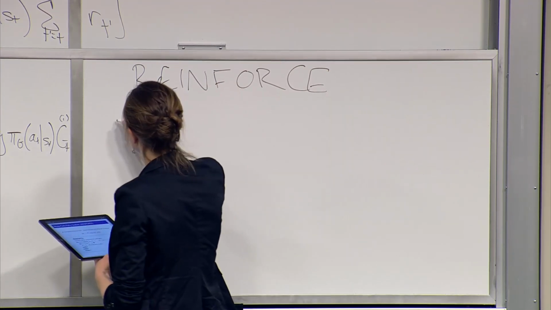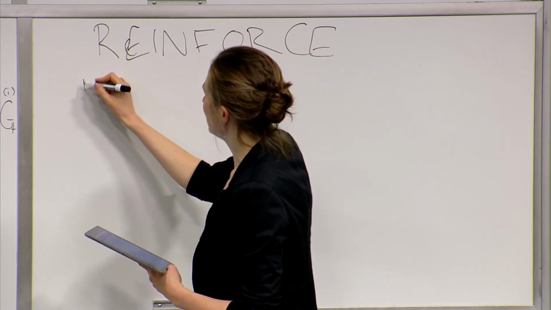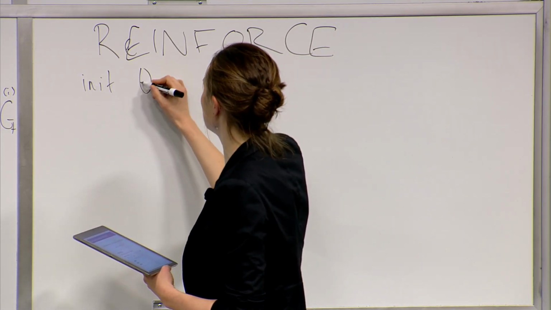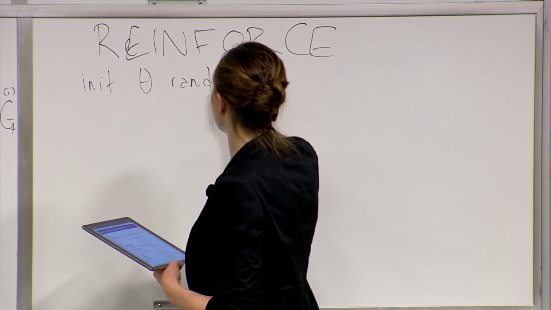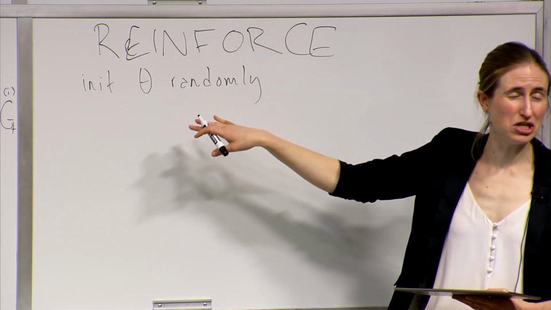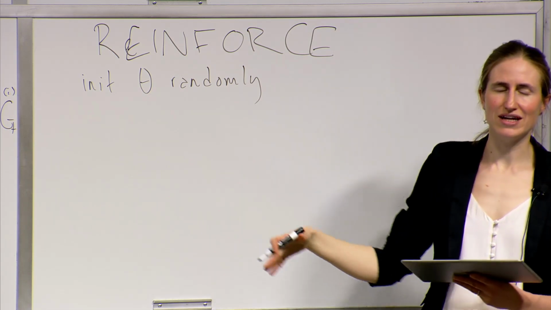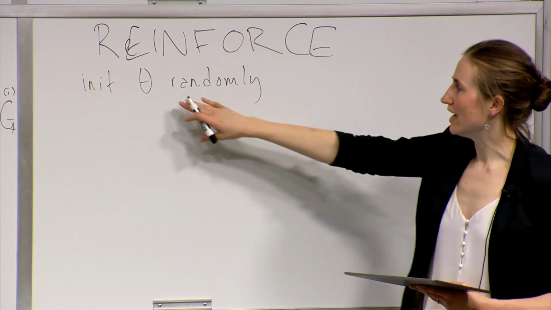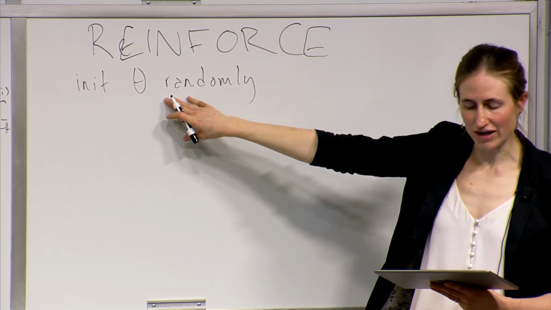So how it works is, you initialize theta randomly. You always will have to first decide on how you're parameterizing your policy. So somewhere you already decided how you're parameterizing your policy. Now you're going to set the values for that policy randomly.